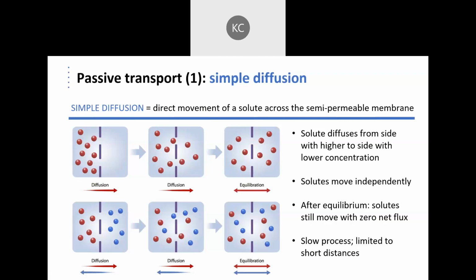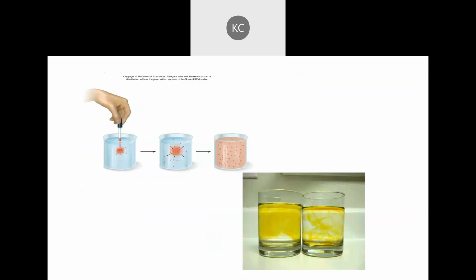But you still have some movement, okay? So you still have some things moving from left to right, you still have some things moving from right to left, but the overall effect is that it's equalized and we have moved down our concentration gradient, okay? So this is simple diffusion. We're going freely across a selectively permeable membrane without the use of any transport protein or anything like that, okay?